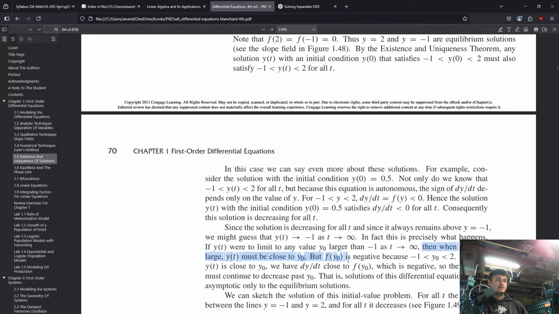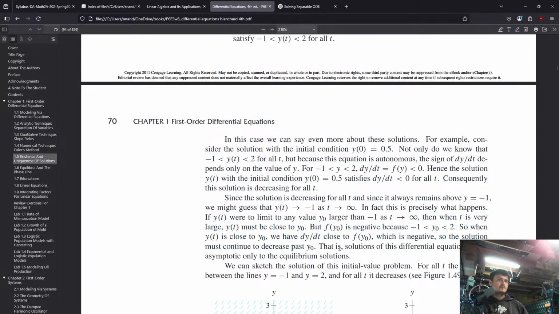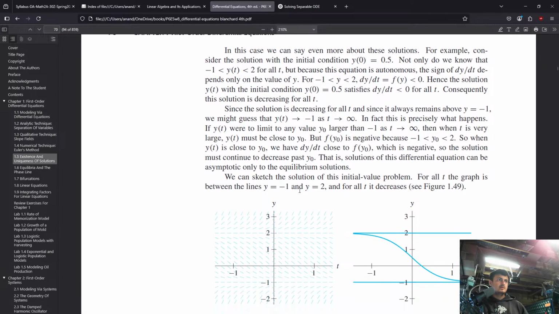But f of y0 is negative. So when y of t is close to y0, we have dy/dt is close to f of y0, which is negative. So the solution must continue to decrease past y0. That is, solutions of this differential equation can be asymptotic only to equilibrium solutions.